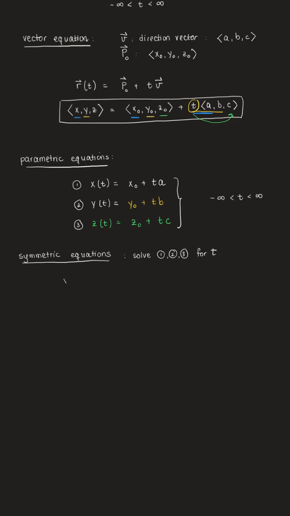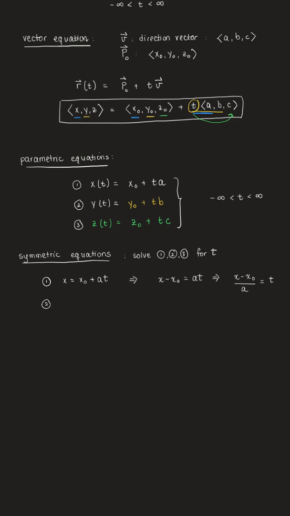So we have x equals x sub 0 plus at. Solving this for t, I'm going to subtract x sub 0 from both sides, and then divide both sides by a. So I have that x minus x0 over a equals t. That's our first equation. We went from parametric to symmetric form.